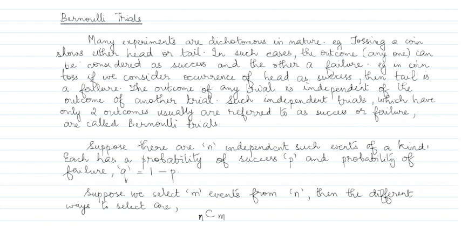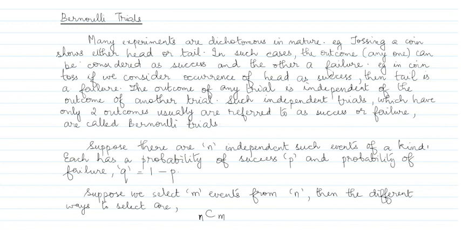Suppose there are n independent such events of a kind. Consider the case of a coin toss itself, you are performing n coin tosses. In each trial, you are monitoring some particular thing, say occurrence of head as success and the occurrence of tail as failure.